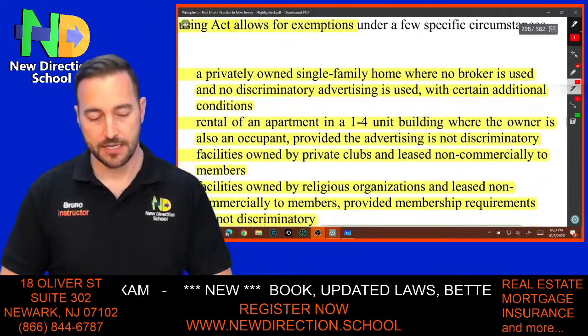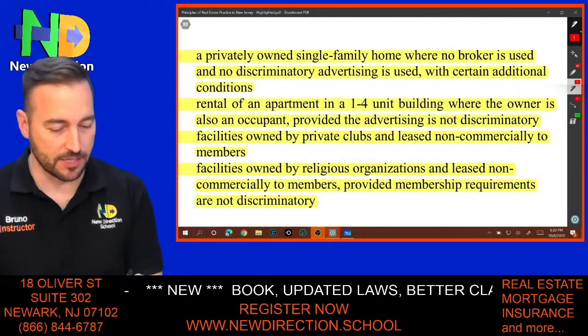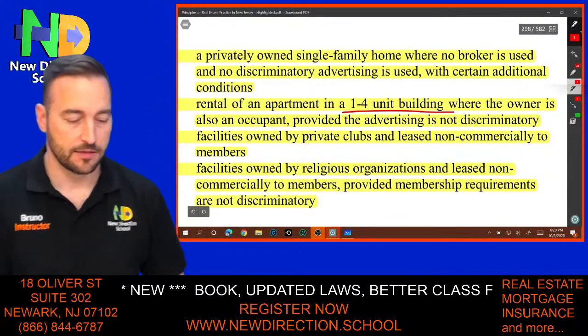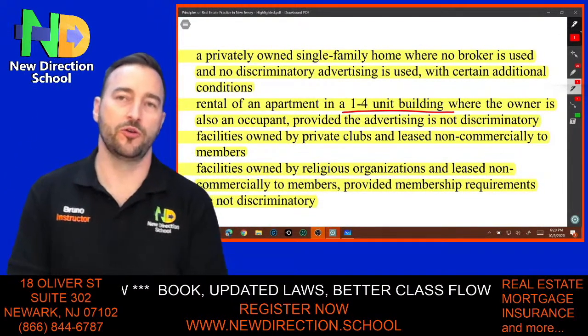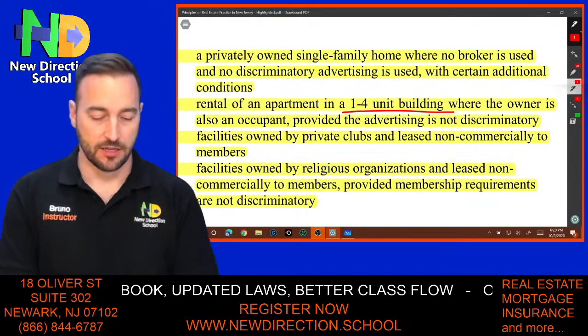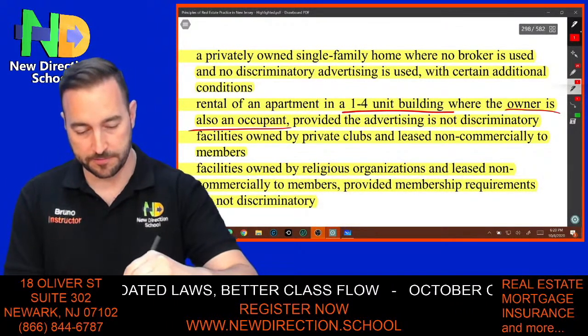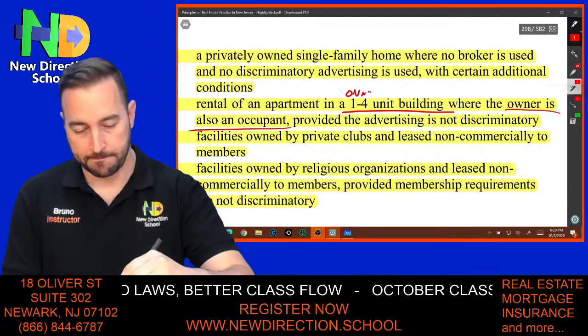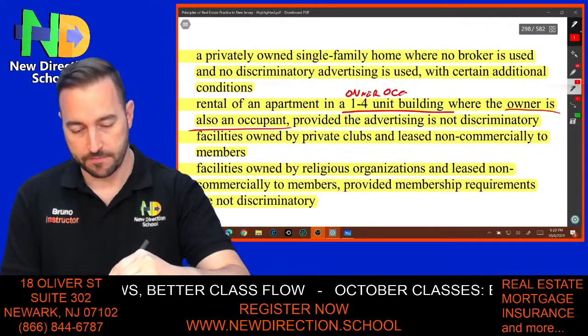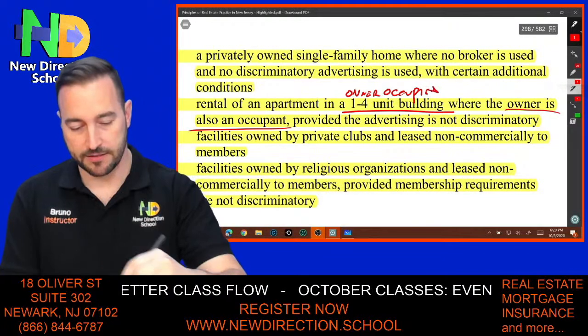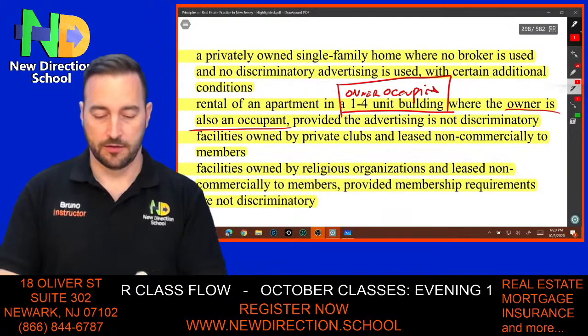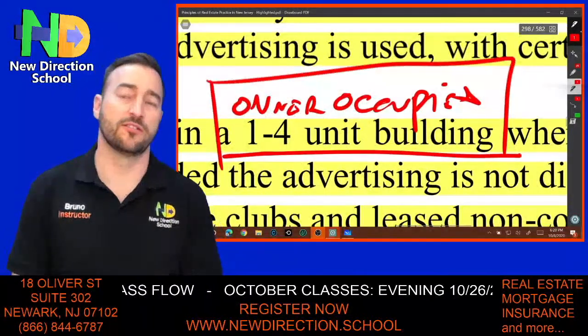The next one is the rental of an apartment in a 1 to 4 unit building or 1 to 4 family building where the owner is also the occupant. So let me write here. Owner occupied 1 to 4 unit or 1 to 4 family building.